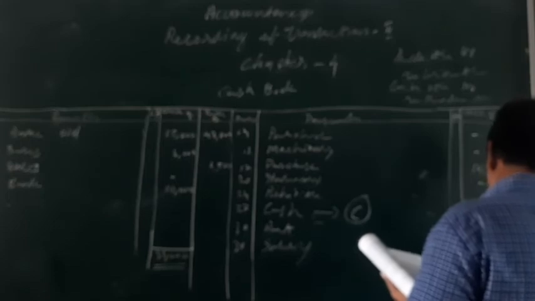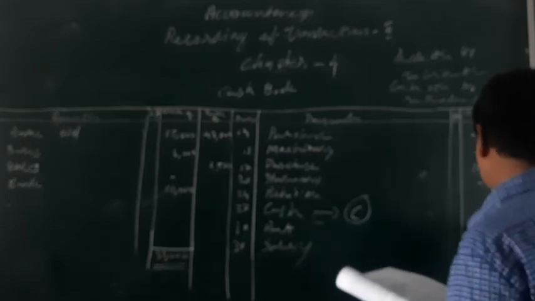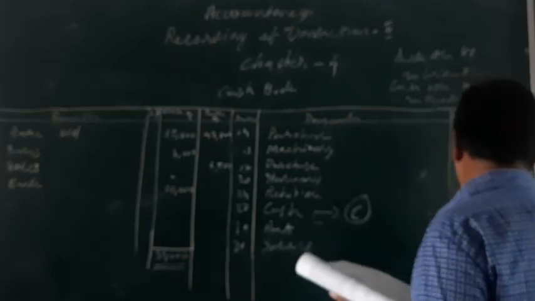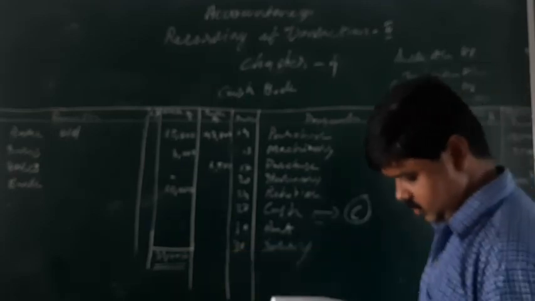Here 31,000 is there, so this total we write on both sides. Here you see 20,900 only. So which side is more? This side is more.